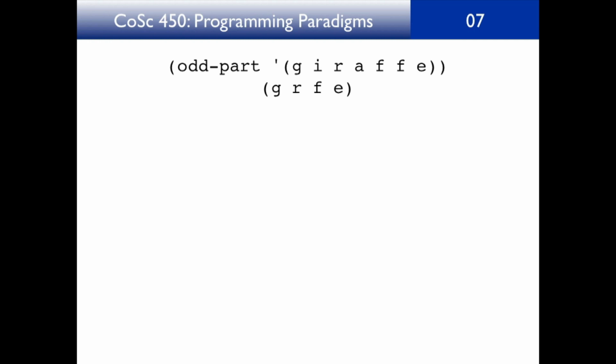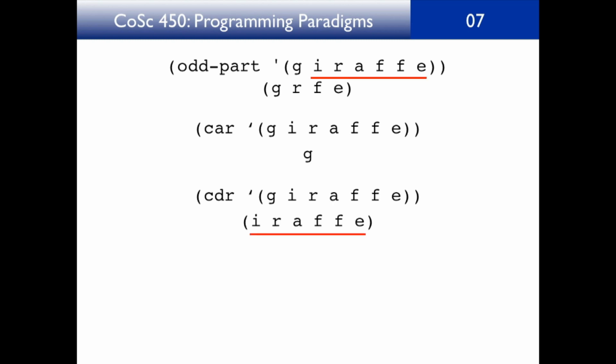This is nice. Would it be cons the car? Yes. And what is the car? The car is G. And then what other thing do we have to look at? The cutter. Let's just stop at the cutter and think about this. The cutter is IRAFFE.